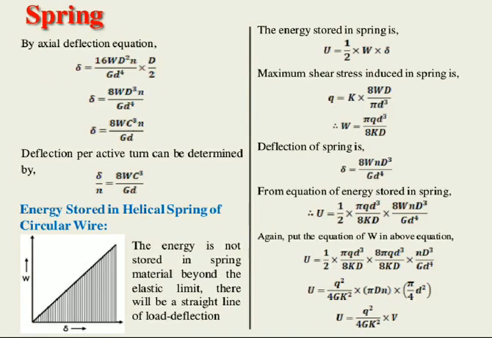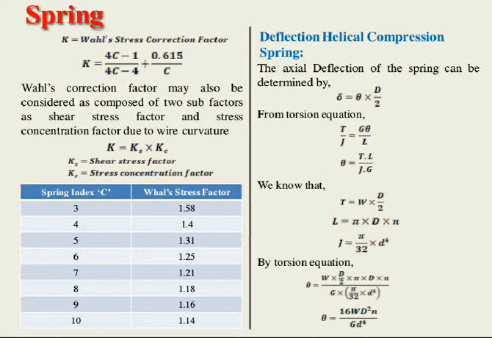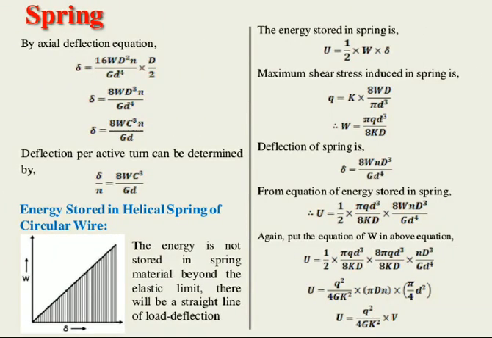So now putting the value of theta in the equation of del, we get del equals 16 into W D square N by G d to the power 4 into D by 2. Arranging this, we get 8 W D cube N by G d to the power 4, and again, putting C cubed in place of D by d, that means the spring index. As we all know that C equals D by d, so expressing this equation in terms of spring index, we will get this equation.